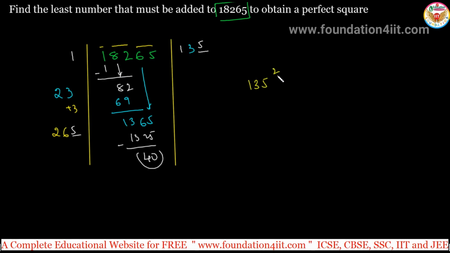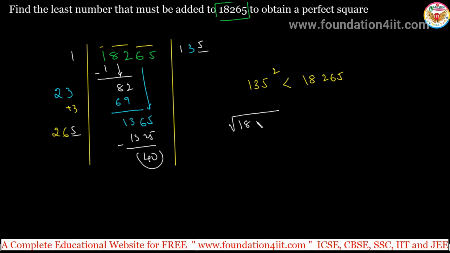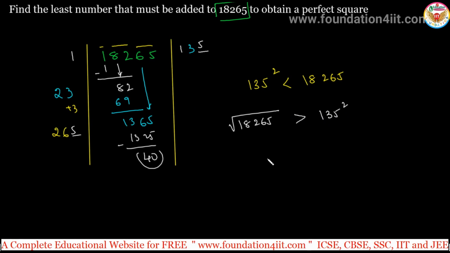So this number is greater than 135 square, and less than the next. The square root of 182065 is clearly greater than 135, so we have to go for 136. On adding the required number, we should get 136 square.